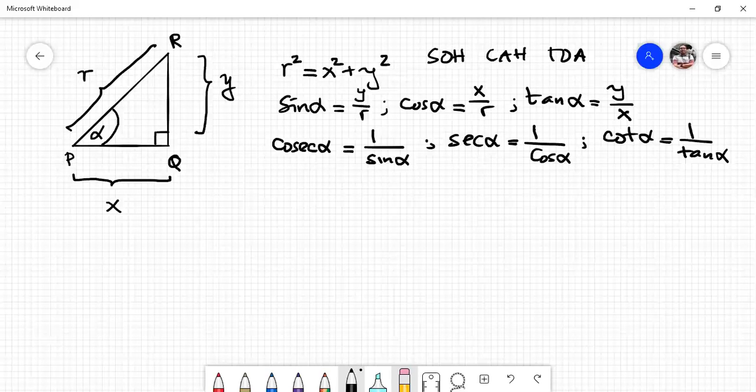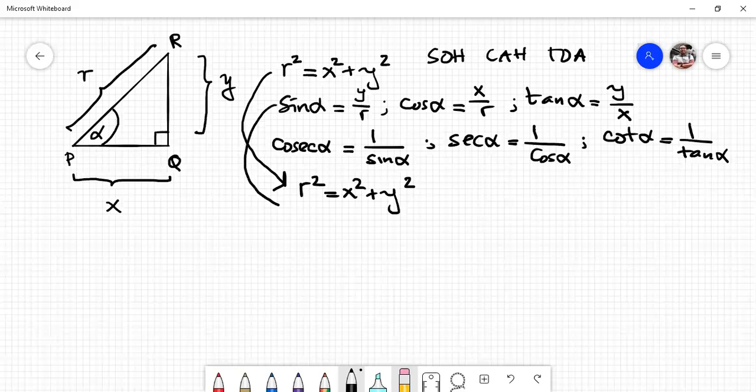Next, I would like to take the Pythagoras theorem, R squared equals X squared plus Y squared. Okay, just keep it like this. Then I come back here.